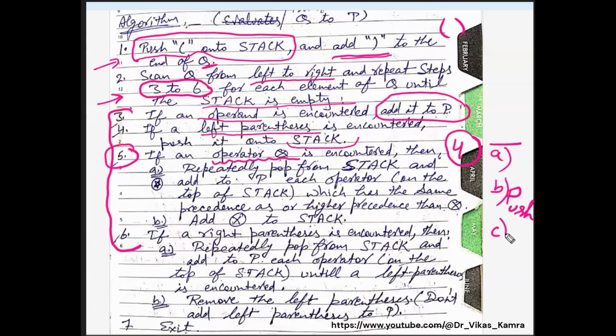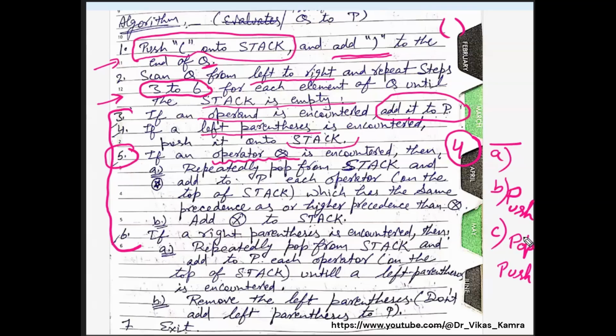Case C: if the incoming operator has less priority compared to the operator already on the stack, then first a pop operation will be done from the stack and then a push operation will be done onto the stack.